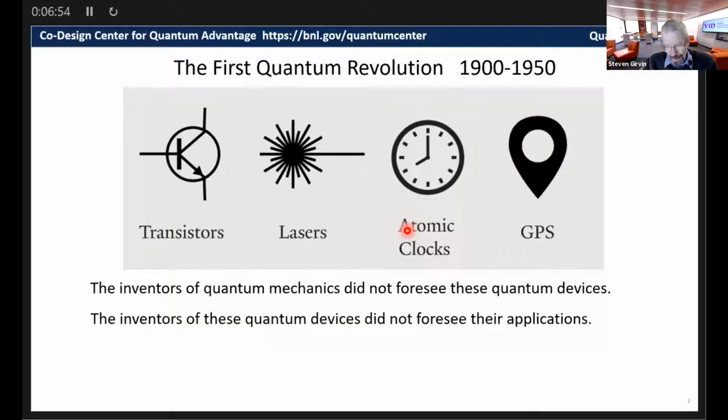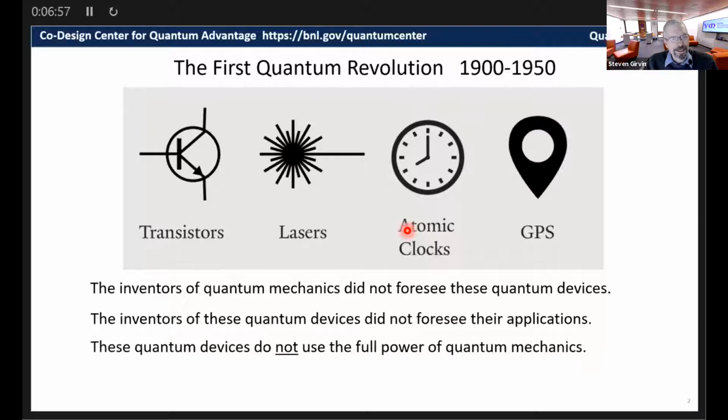And the thing that we now understand is that these are quantum devices, but not very. They do not use the full power available to quantum machines. What do I mean that they're quantum but don't use the full power?